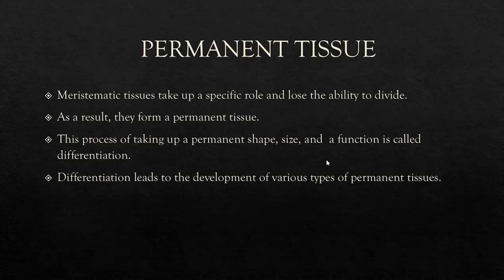Permanent tissue. These are the plant tissues which have lost their ability to divide and grow, thus attaining a permanent structure. But what do you think? Plants have these permanent tissues right when they germinate from seeds? Let us tell. As we have studied, permanent tissues are composed of cells that have lost the power of dividing.